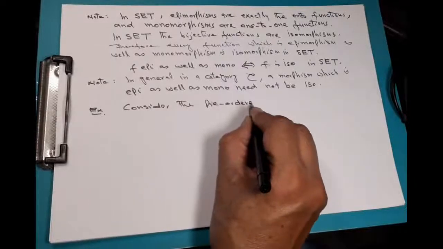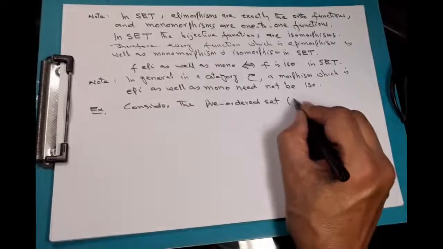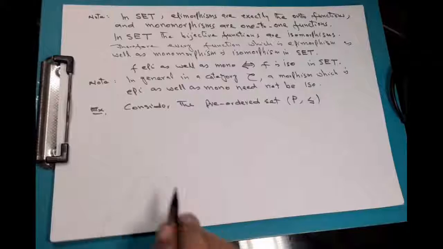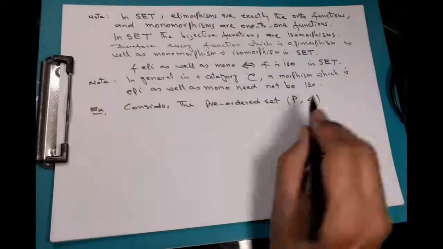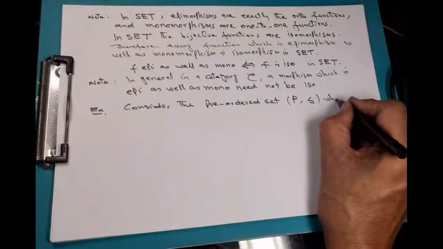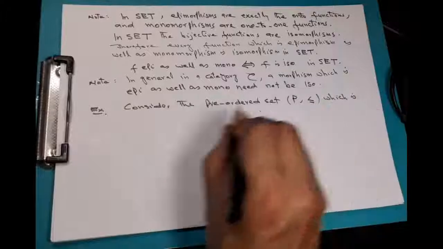We have just discussed it. So consider the pre-ordered set P with relation or pre-order denoted by this particular symbol, and we know that this is a category. We have discussed it in detail.